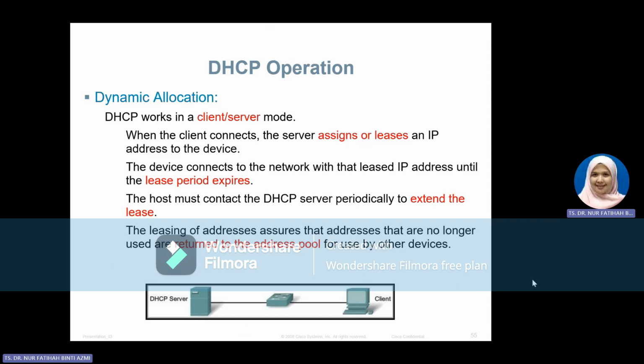If your device disconnects or the lease expires and you do not renew it, the IP address goes back into the pool of available addresses and can be used by someone else later. This way of temporarily assigning addresses helps make sure that we don't run out of IP addresses.